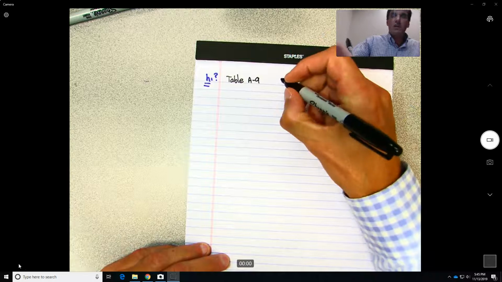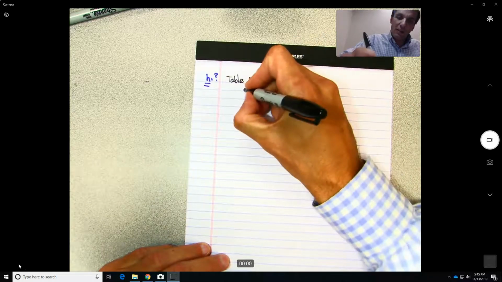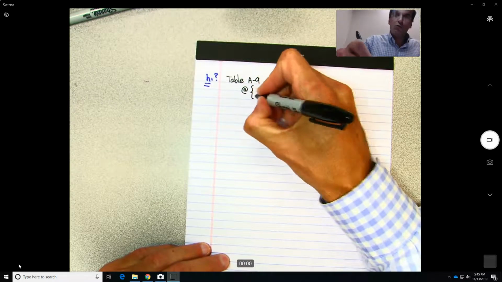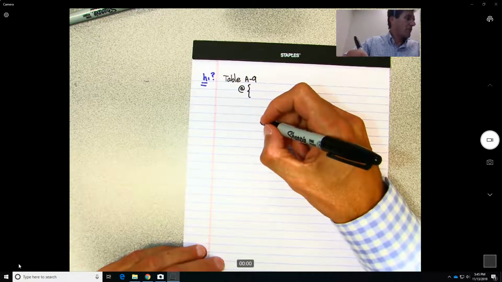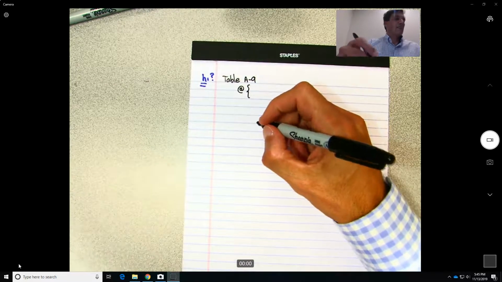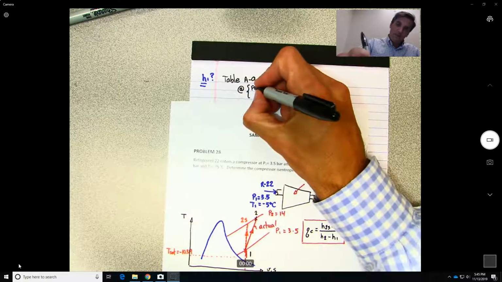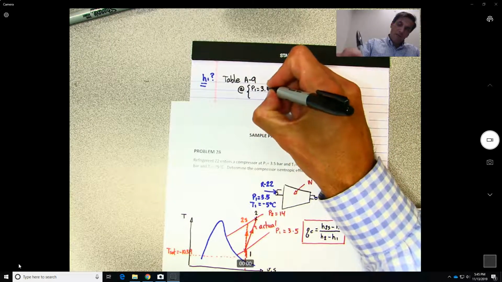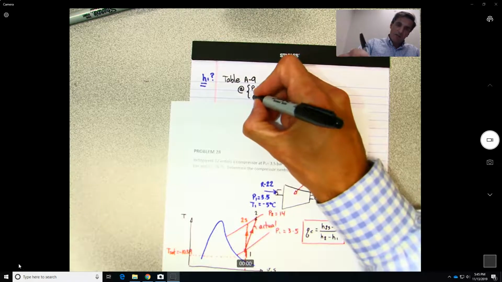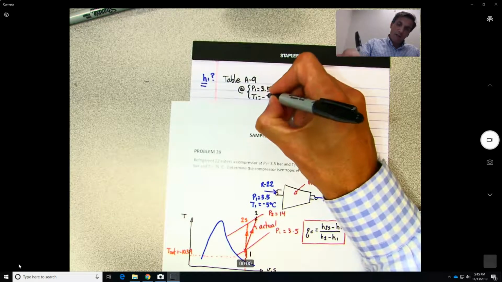Okay? And what do we know? We need to know two things. So the first thing we know about the first one is that the pressure is 3.5 bars and the temperature is minus 5 degrees Celsius.